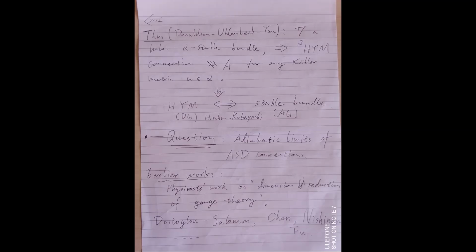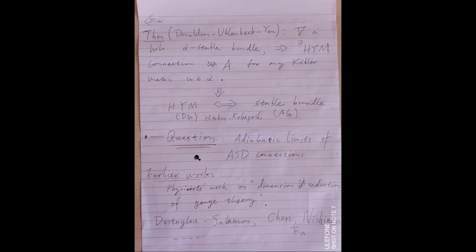So this correspondence is like a dictionary. You can translate from algebraic geometry to differential geometry. The differential geometry is related to the PDE, the Hermitian Yang-Mills, anti-self-dual, Yang-Mills connection. And the algebraic geometry is this holomorphic structure, which is sometimes easier to deal with, right?